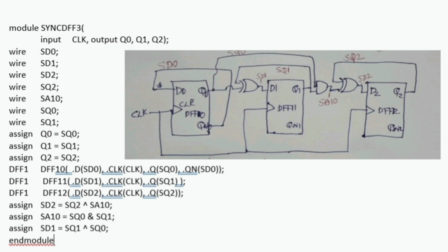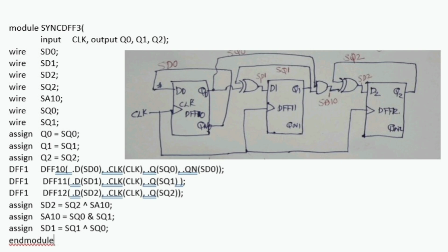The wires are SD0, SD1, SD2, then SQ2, then we have SA10, SQ0, SQ1.